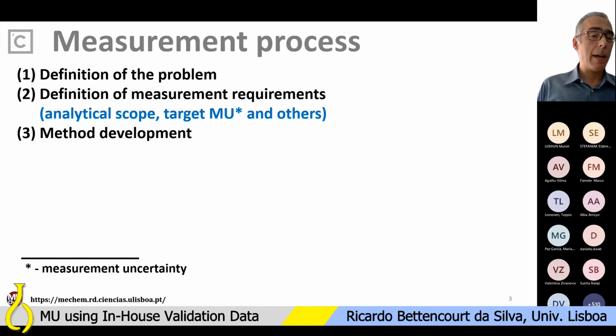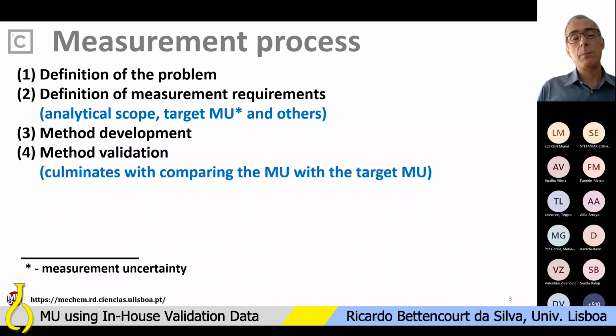And then you develop a method, or you take a method from a reference and implement it, get the chemicals, the instruments, and the expertise to perform the analysis using the method. And then you have to perform the method validation. At this stage, typically you collect performance data, and this validation culminates with comparing the evaluated measurement uncertainty with the target or maximum admissible uncertainty.